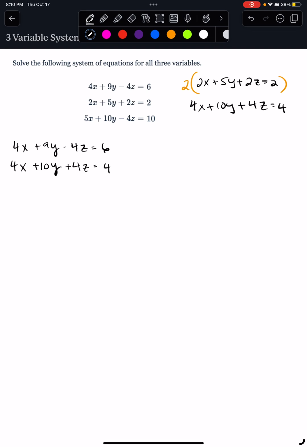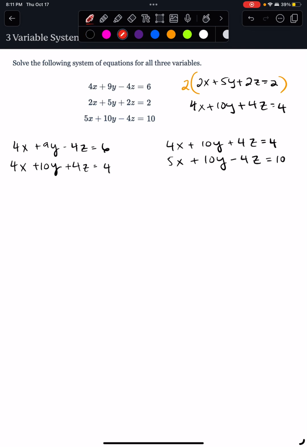And then we're going to do the same thing with the second and third equation, because the second equation has the positive 4z and the third equation has the negative 4z. So 4x plus 10y plus 4z is equal to 4, and we'll set it up with 5x plus 10y minus 4z is equal to 10.